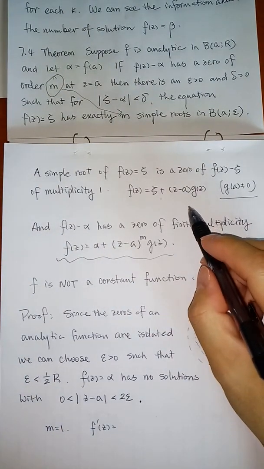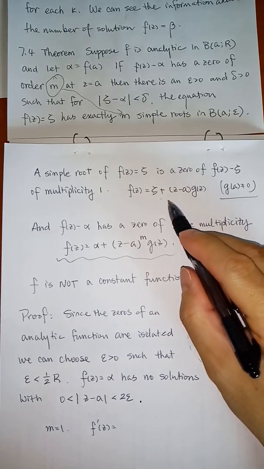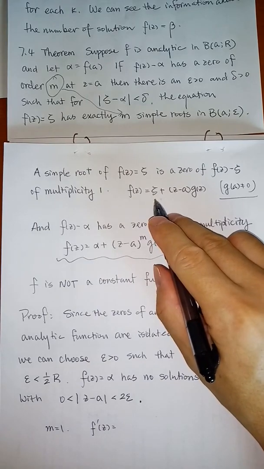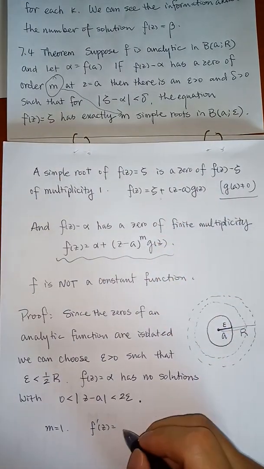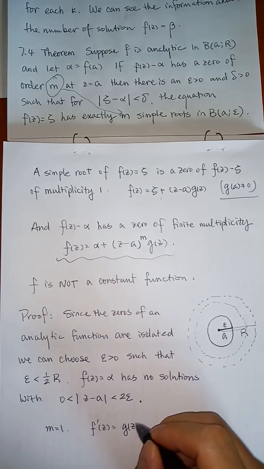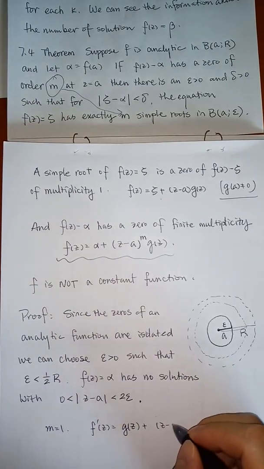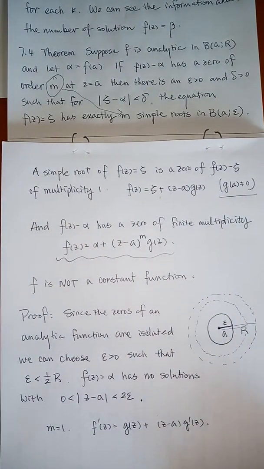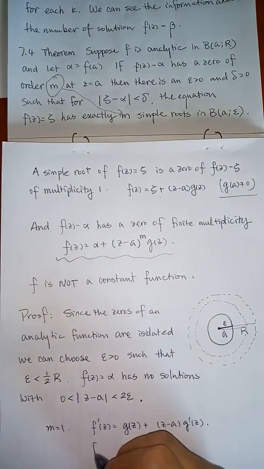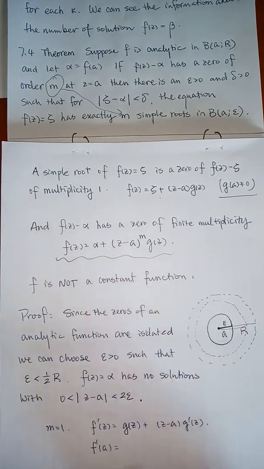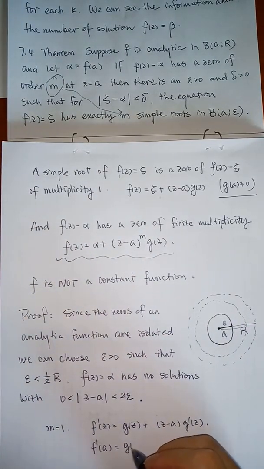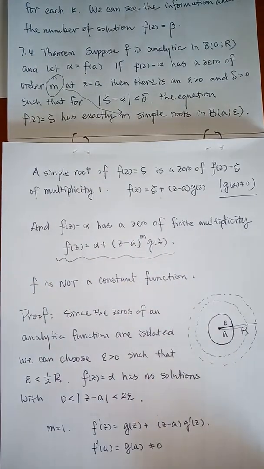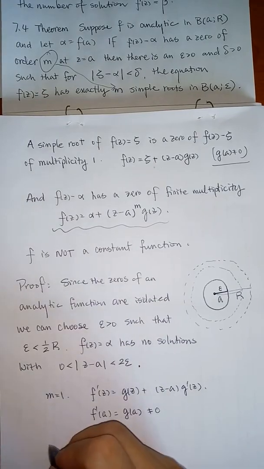Applying the product rule, we get g of z plus z minus a times g prime of z. This is the derivative. If we evaluate f prime of a, we get g of a, which is not equal to 0.